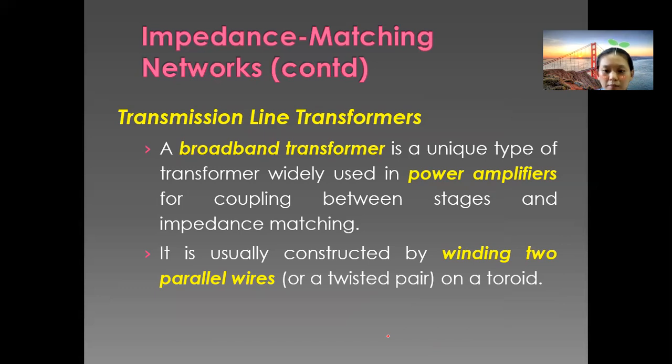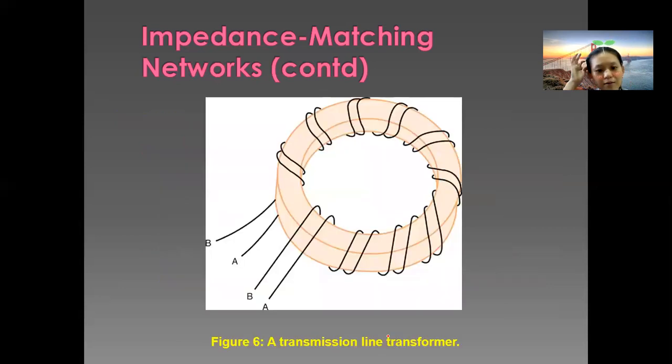It is constructed by two parallel wires or a twisted pair on a toroid. This is what the figure looks like. There are two pairs on the toroid, 1 and 2, and the 2A and B are actually the coils that are wound on the powdered iron core.